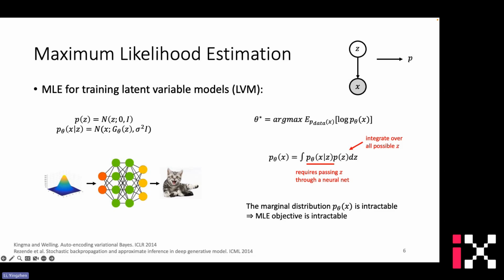You can see here that you need to compute this integral, but as we said before, it involves a neural network, so you cannot do it directly. You need to find some way to approximate this.